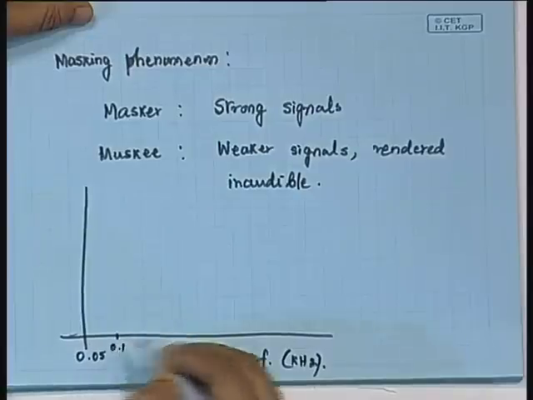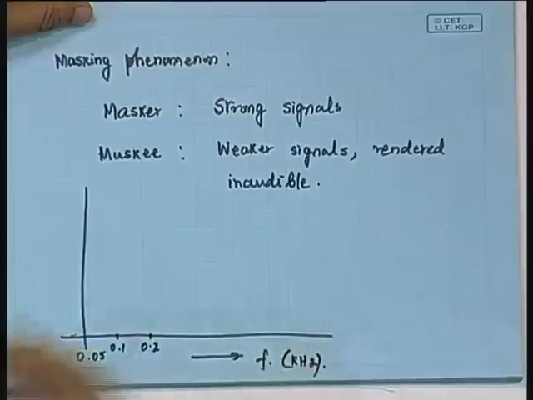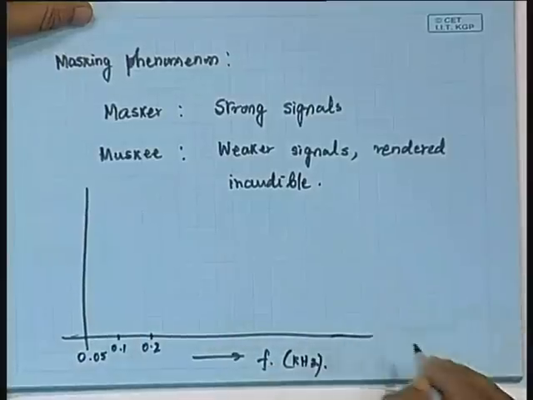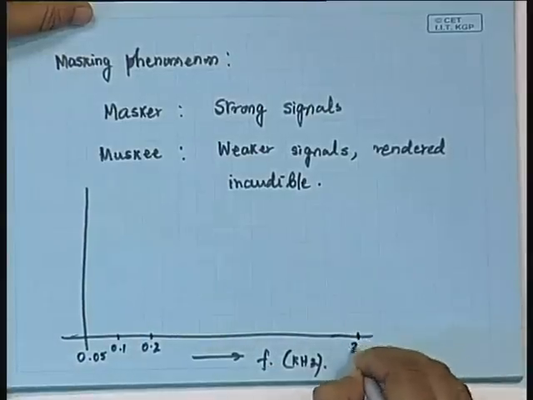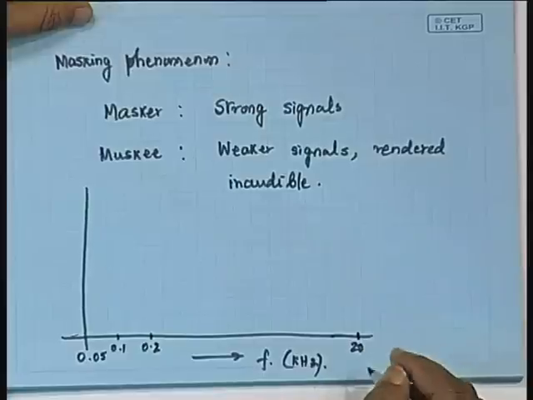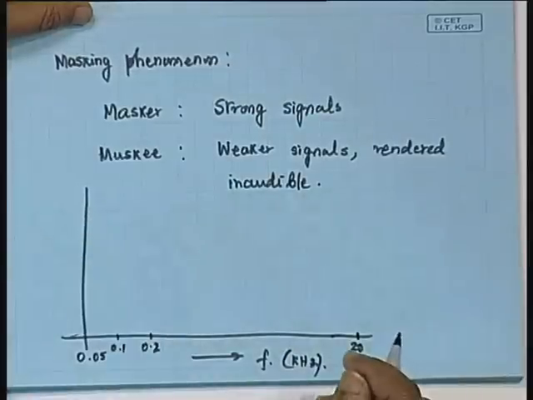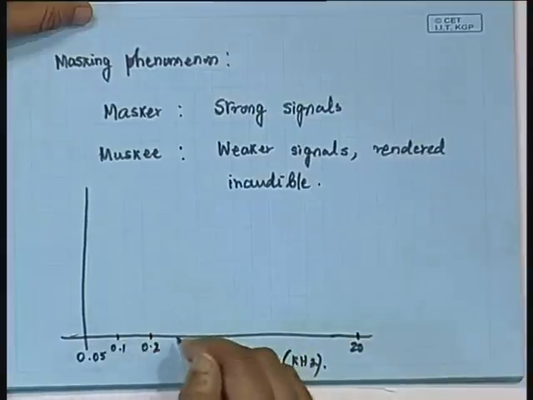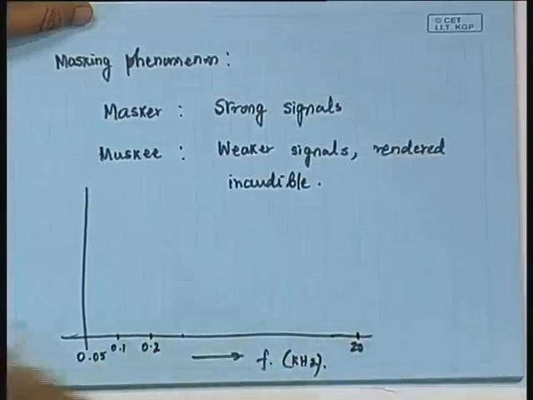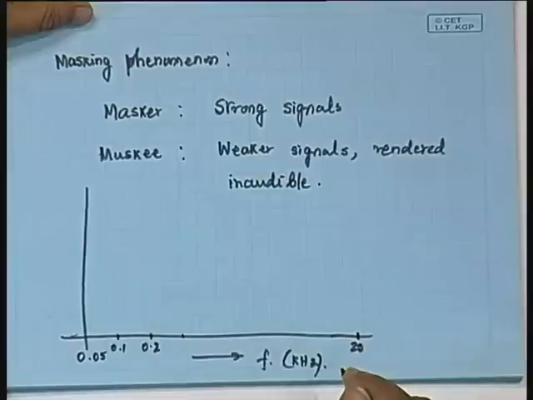The next is 0.1, the next division is 0.2. It is a logarithmic scale up to 20 kilohertz, so the next division will be 0.4, or let us say here I take 0.5 kilohertz.